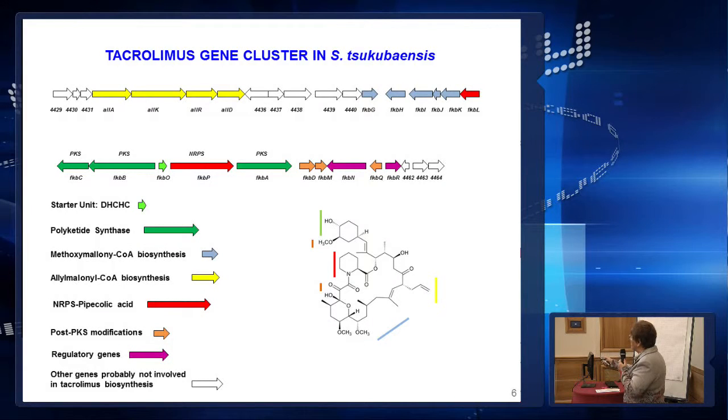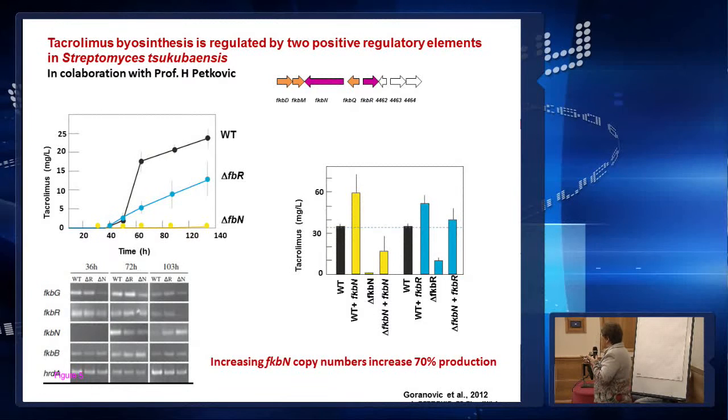I mean, allR was not interesting, but the other 2 were disrupted, and it was found that they were important for tacrolimus production. FKBR disruption produces a decrease of about 50% in tacrolimus production, but FKBN is very important, really. The deletion results in complete loss of the antibiotic.